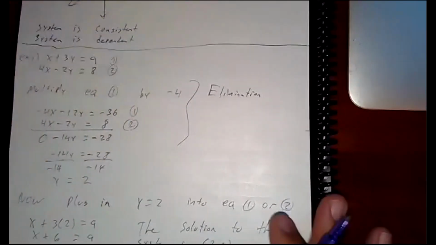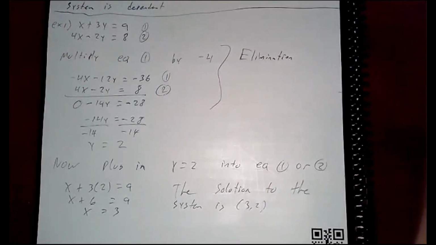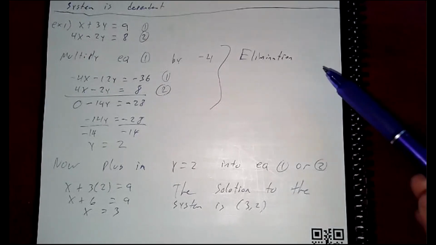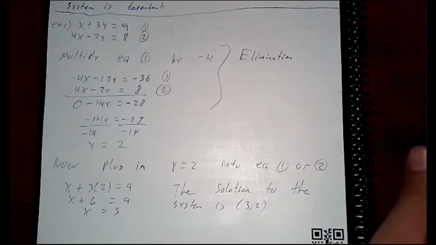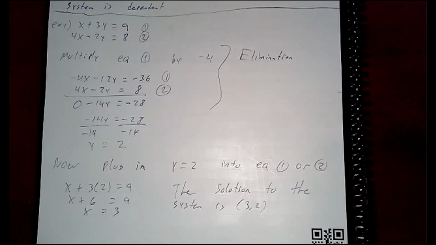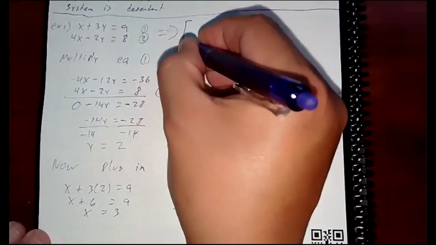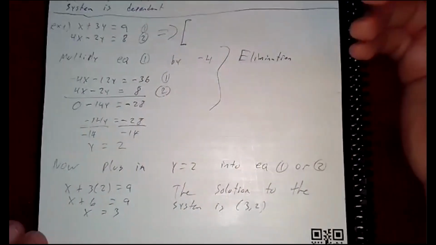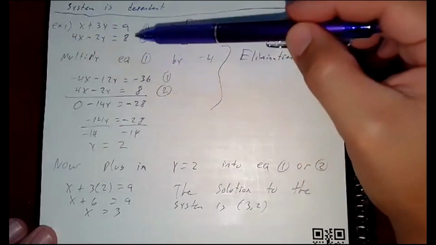Let me move this camera a little bit. We already knew, right? So if you use elimination, you can graph them. Substitution, I don't recommend. You can also use matrices, which is the one I prefer. You can change this into a matrix. The idea behind matrices is you make sure they're in order: x's, y's, and constants.